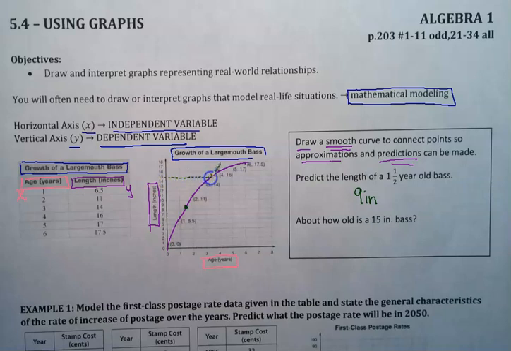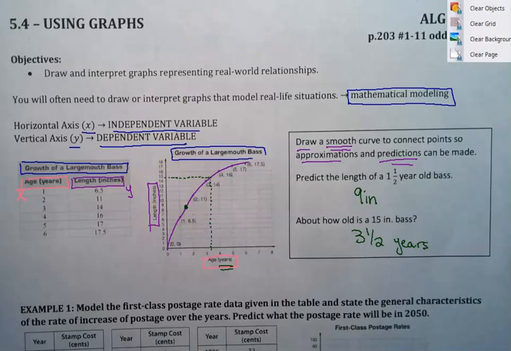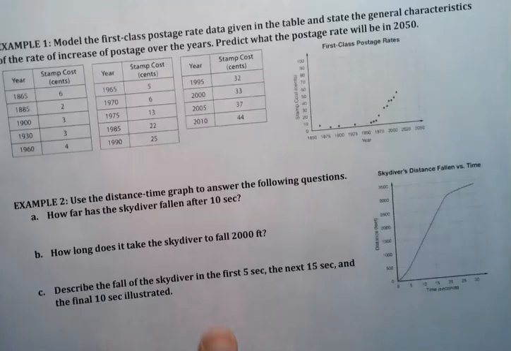If I follow that over and then follow that down, that puts me in between 3 and 4, so we could say 3.5 years, because we know that this is in years. We're just using this information to model and make predictions. So let's clear this up and go to example 1.